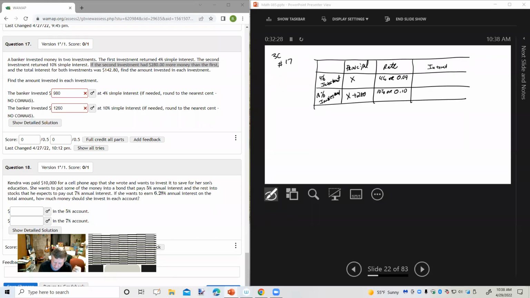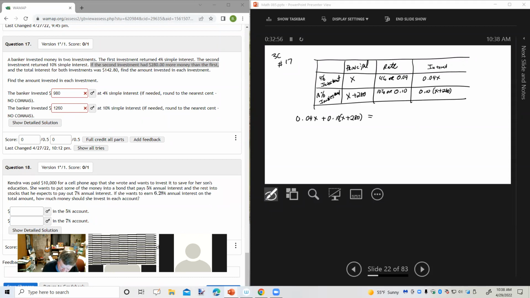So the interest would be the principal times the rate. So the interest for the 4% investment would be 0.04x. The interest for the second investment would be 0.10 times x plus 280. Okay. So we've got the interest for the first investment plus the interest for the second investment. That's going to equal the total amount of interest, which was $142.80.